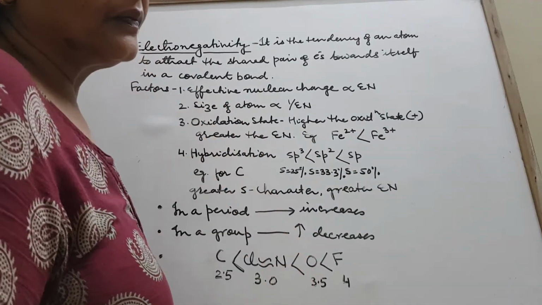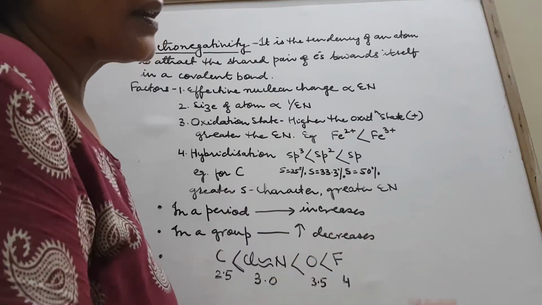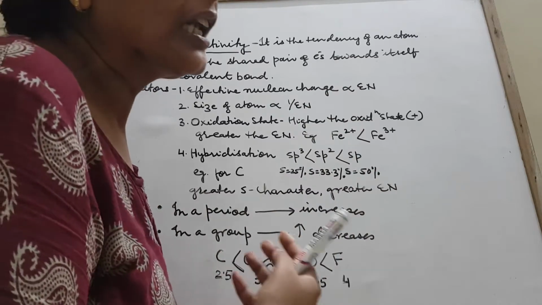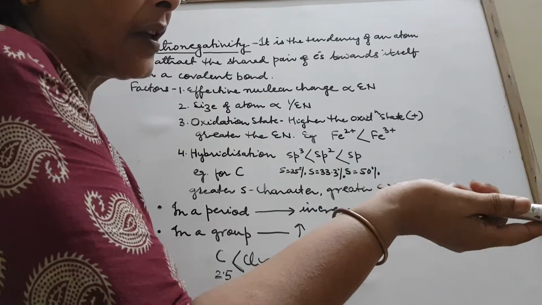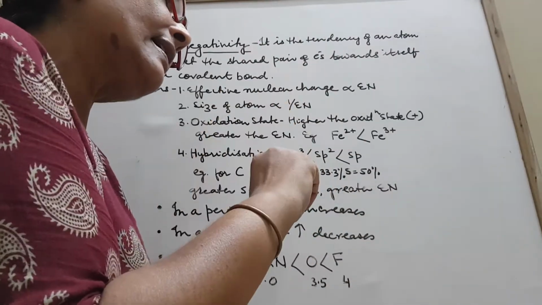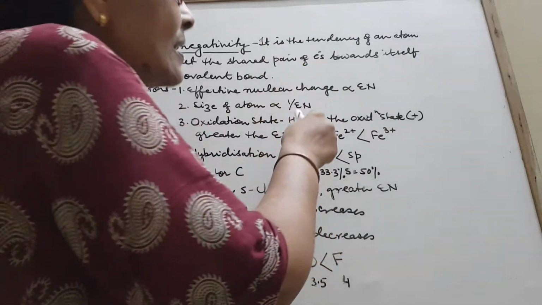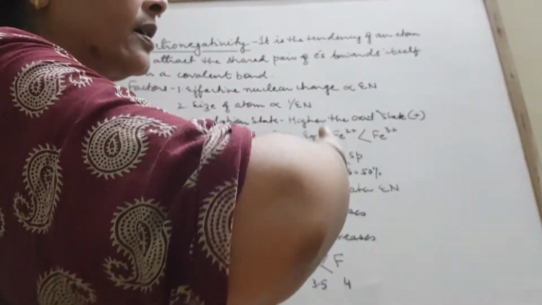Size of atom. I tell you the same thing being said in a slightly different manner. If size decreases, force of attraction increases, so En increases. So it is inversely proportional. If size increases, En will decrease.